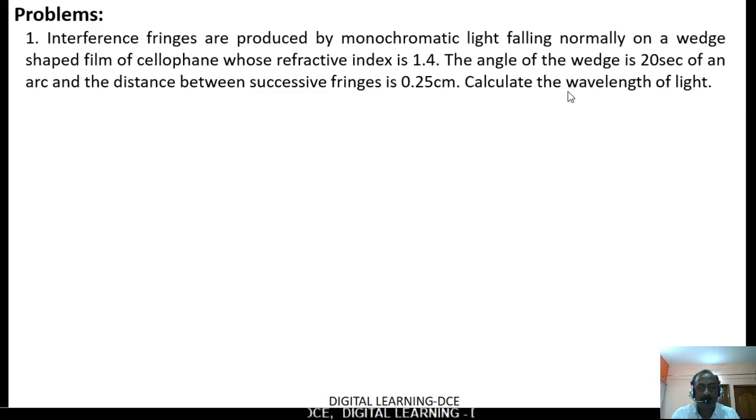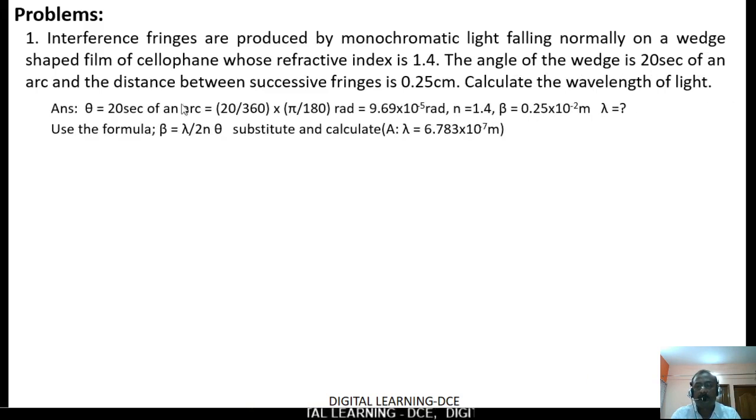Calculate the wavelength of light. Here, theta, the angle of the wedge, is 20 seconds of an arc, which is 20 by 3600 degree multiplied by pi by 180 radian. Then it becomes 9.69 times 10 raised to minus 5 radian. Here the angle is converted into radian.